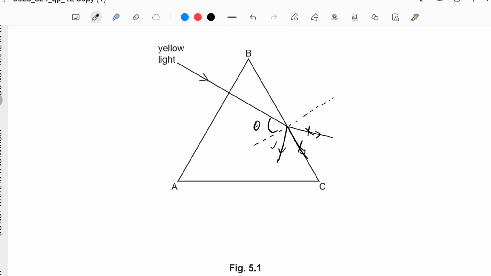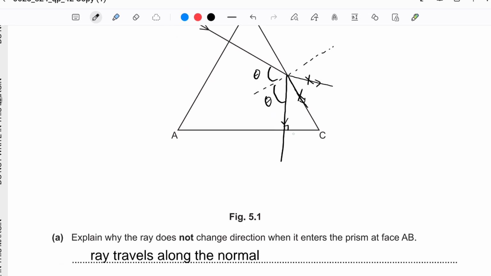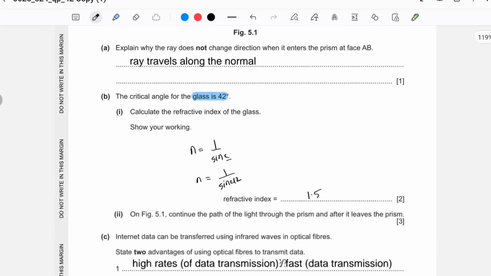So from here we have to continue this path, something like this. These 2 angles would be the same as its reflection, and here the ray would pass through the normal, so there won't be any change in direction.